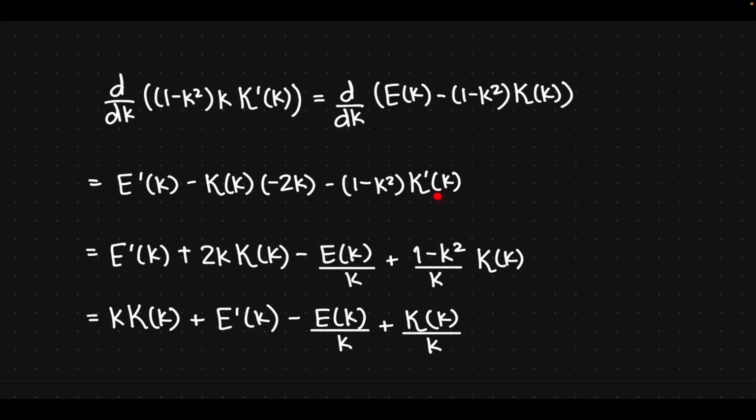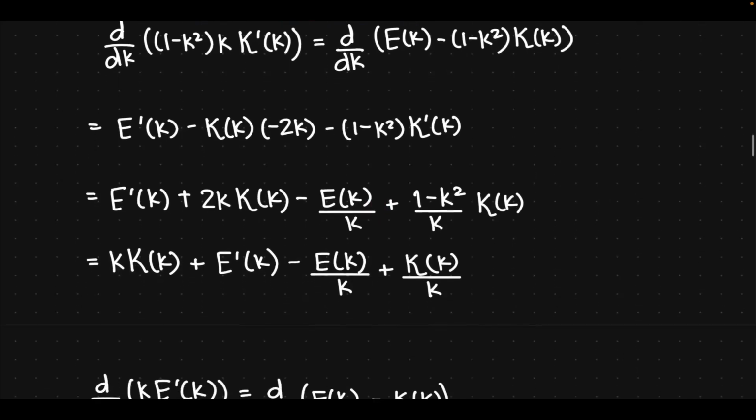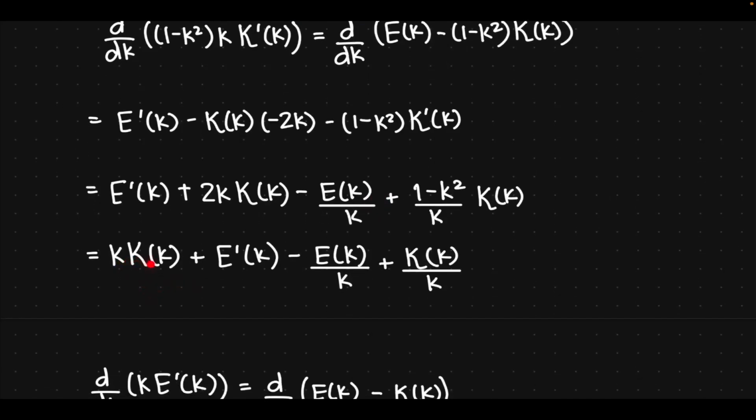So what I've done here is just substituted for K prime of k, because we know what that is. And in the next step, we have k times capital K of k plus E prime of k minus E of k over k plus K of k over k.